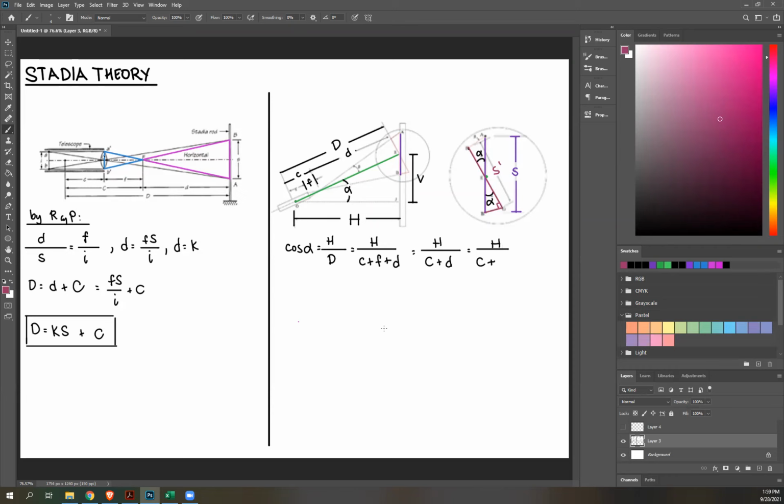So using this, let's redraw that. Remember, this entire thing is S prime. So I'm only considering this portion, so that's S prime over 2. And again, this is alpha. Oh, wait, no. Let's draw it again.